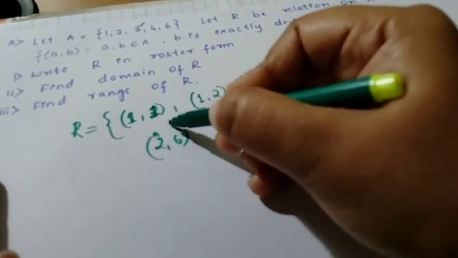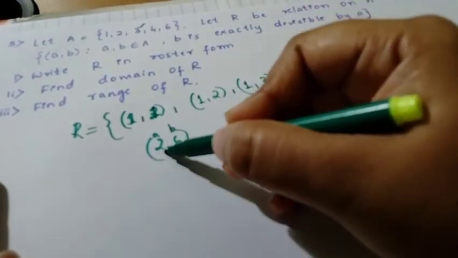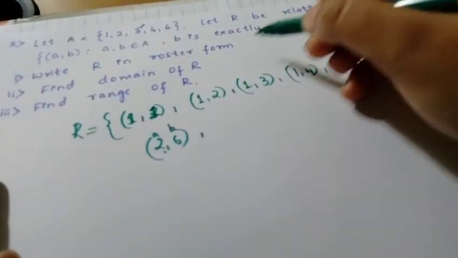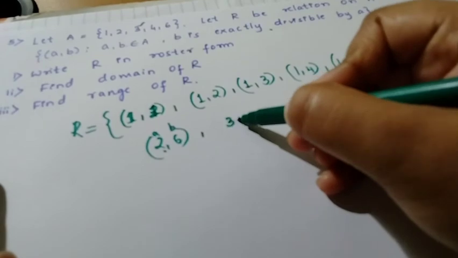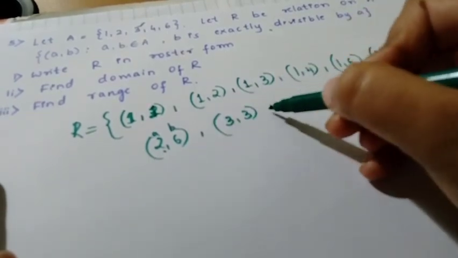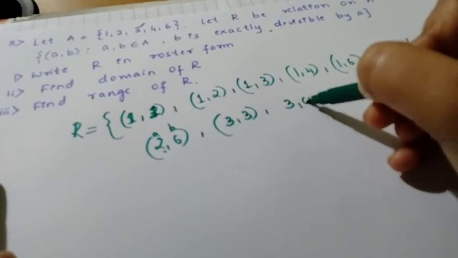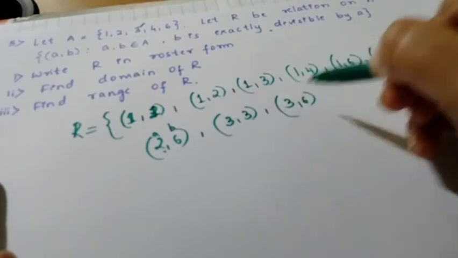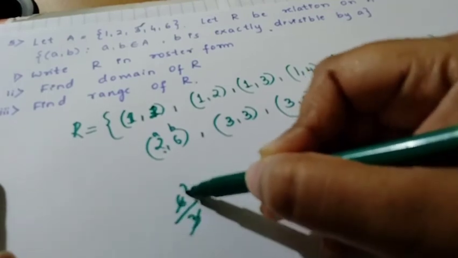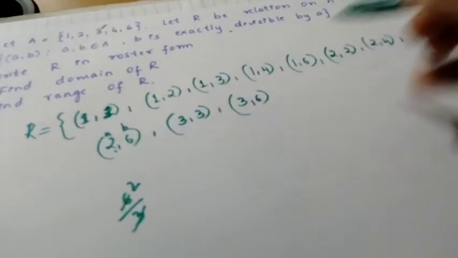This is a, this is b. 6 divided by 2 is how much? 3. It is exactly divisible. Next I take with 3. (3, 3) I can take because 3 divided by 3 is 1. (3, 6) I can take, 6 divided by 3 is 2. 3 ones are 3, 3 twos are 6. It is exactly divisible. Okay.